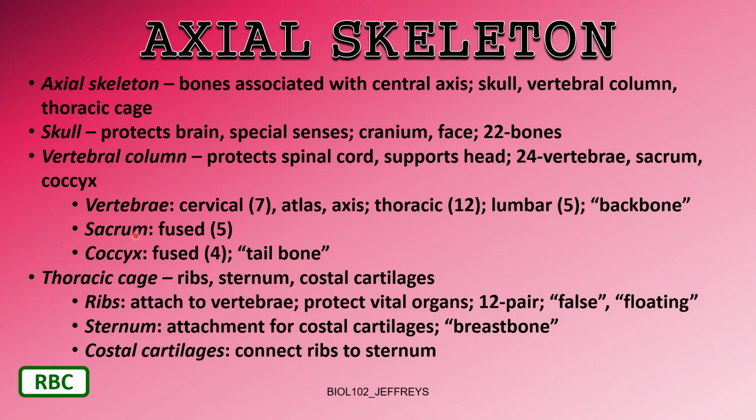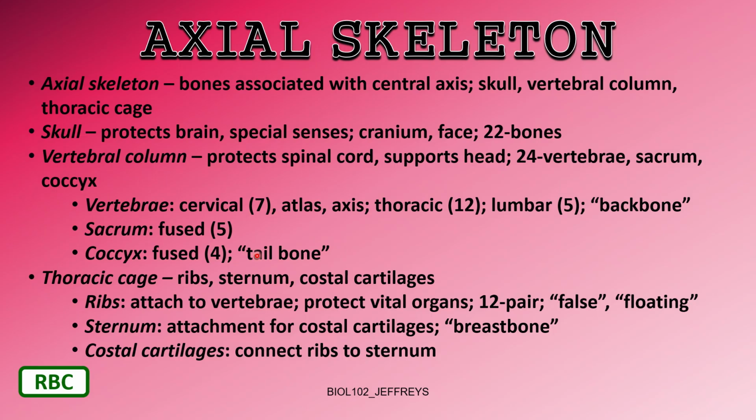The sacrum is down at the bottom. It's connected to the lumbar vertebrae. Over time, it was about 5 vertebrae, depending on the individual, but it really doesn't matter because they're all fused together into one structure that we call the sacrum. And then the coccyx, same thing: 3, 4, or 5 vertebrae, depending on the individual, that were fused together over developmental time into one structure that we call the coccyx.